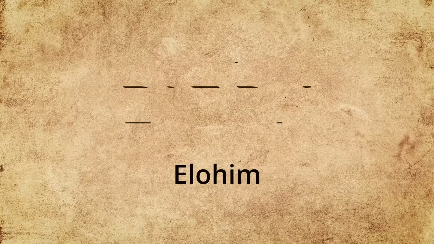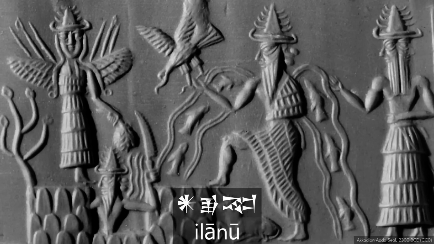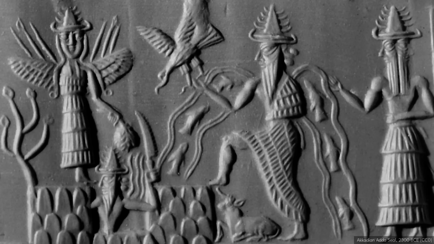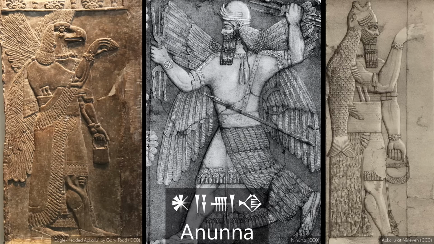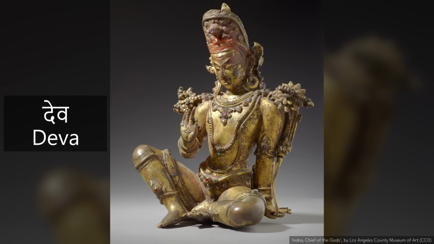What is changing is the name. In Western Semitic it was Elohim. In Eastern Semitic it was Ilu, Ilanu. Before the Semitic, the name was Anunna. In India, the name is Deva.